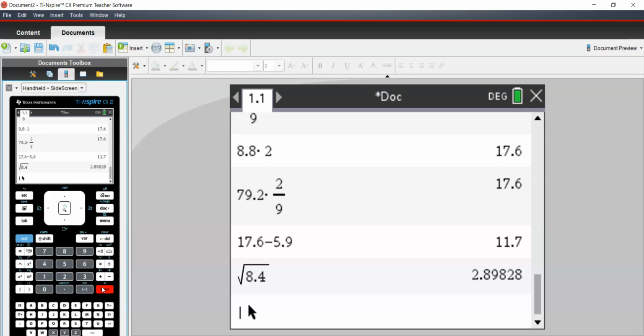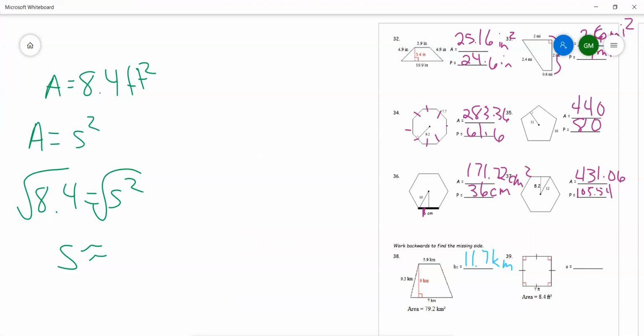That's why we have the 0. Remember, it's 2 decimal places. So we need that 90, because we are actually rounding to that decimal place. We're rounding the 9 up, which also rounds the 8 up. So you must have that 0. If you put 2.9, it is wrong. I said 2 decimal places. I want 2 decimal places.